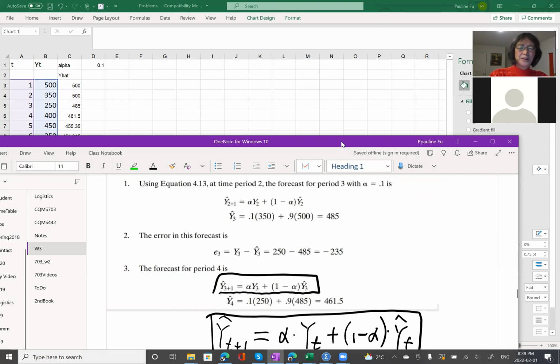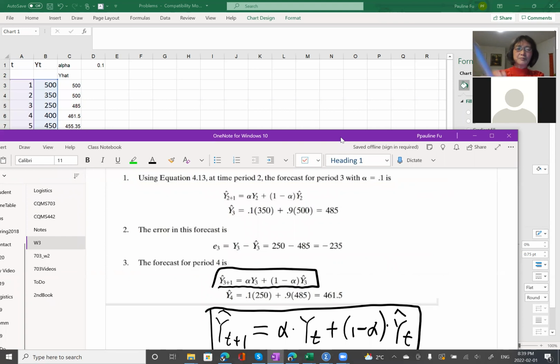And then you need Y3 hat. To get Y3 hat, you use the formula again: Y2 plus 1 hat equals alpha Y2 plus 1 minus alpha Y2 hat. Alpha is 0.1, and Y2 is 350. Then Y2 hat.